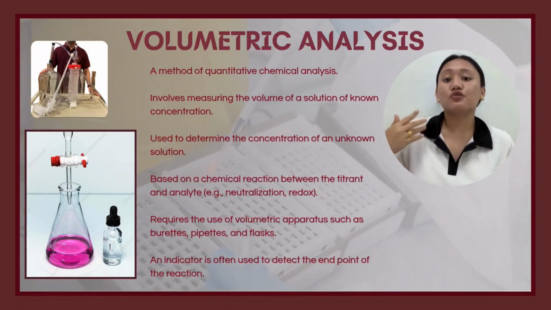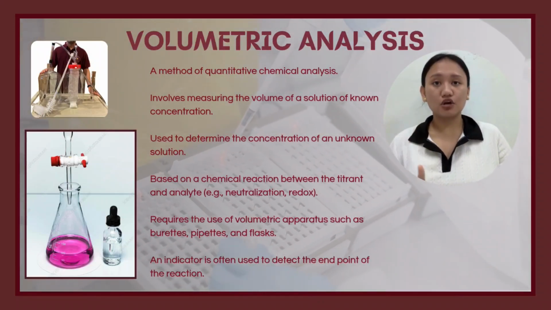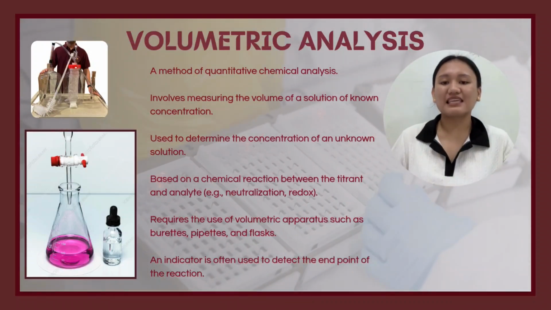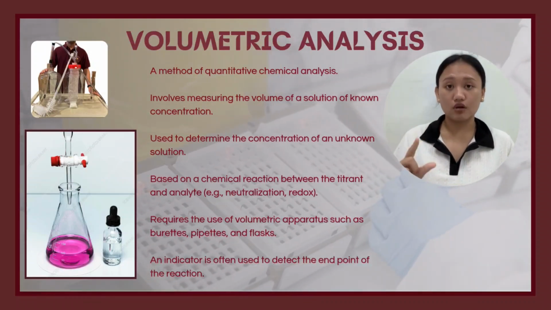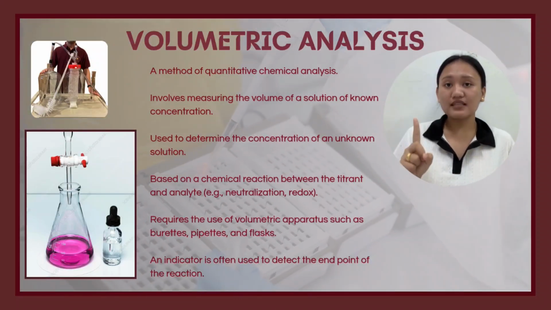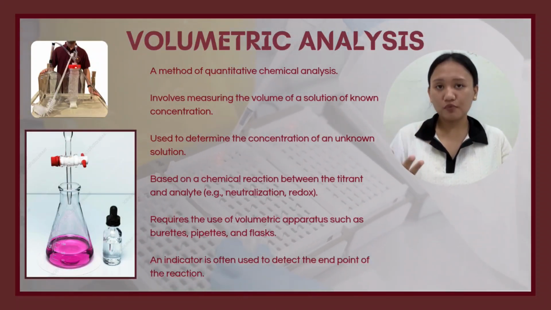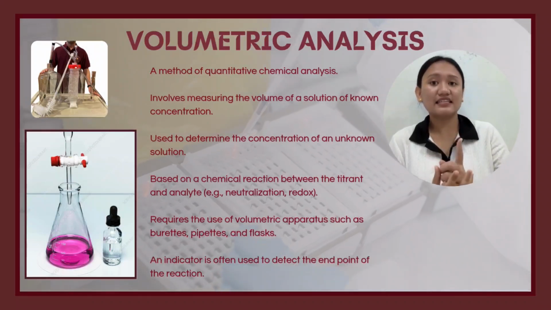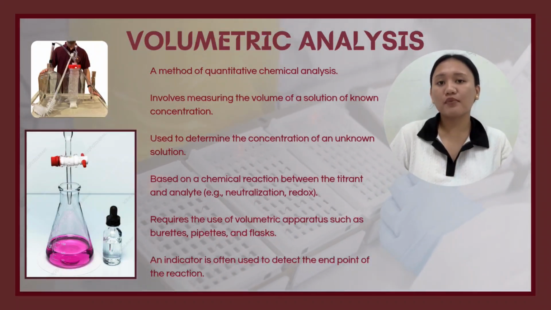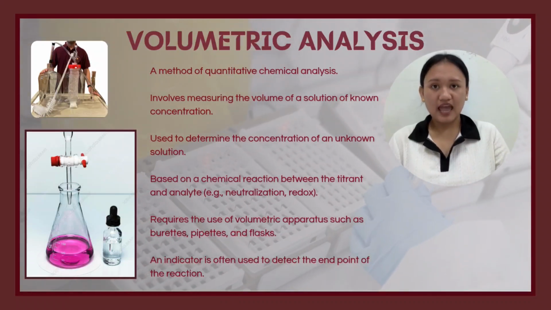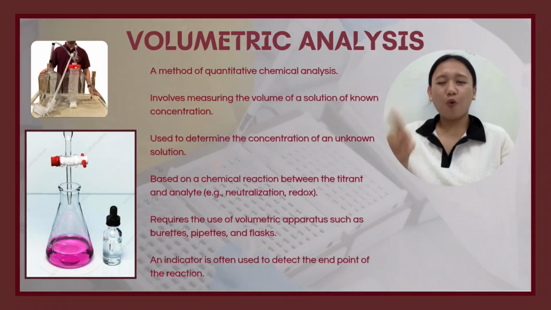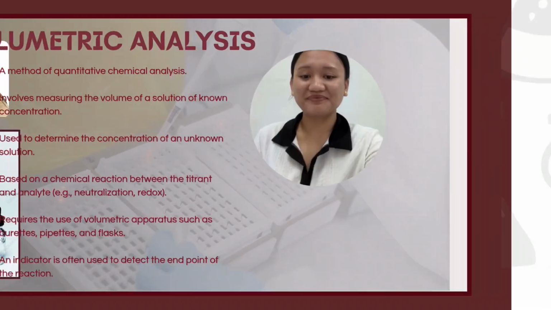Whether it's a neutralization or a redox reaction, these methods help us figure out the exact concentration of a solution. We use special glassware like burettes, pipettes, and volumetric flasks, and an indicator is often added to show us the exact moment the reaction is complete. That's called the end point. It's science in action, one drop at a time.